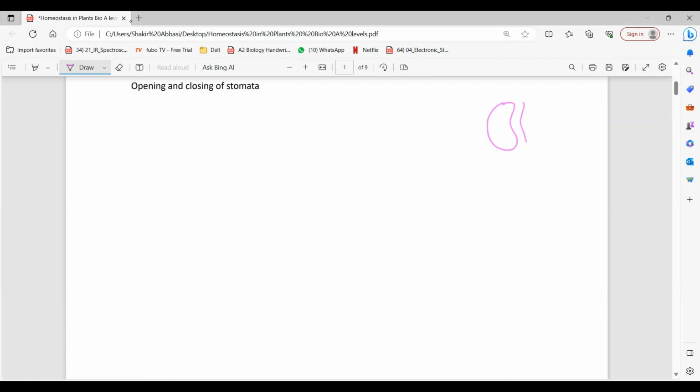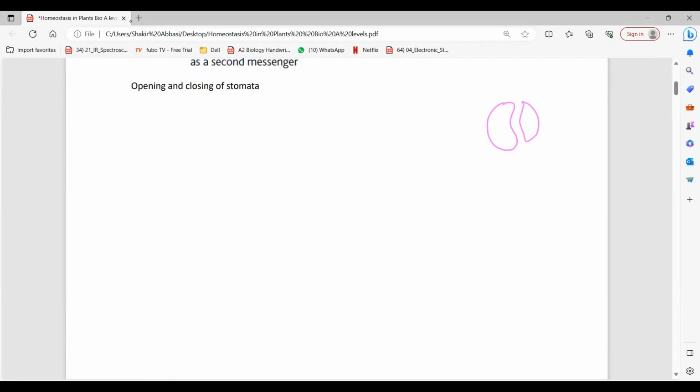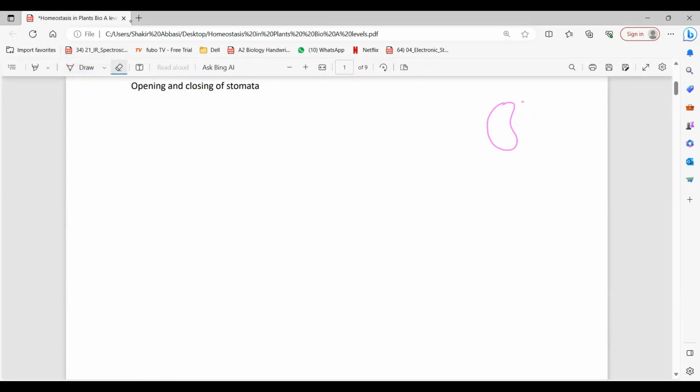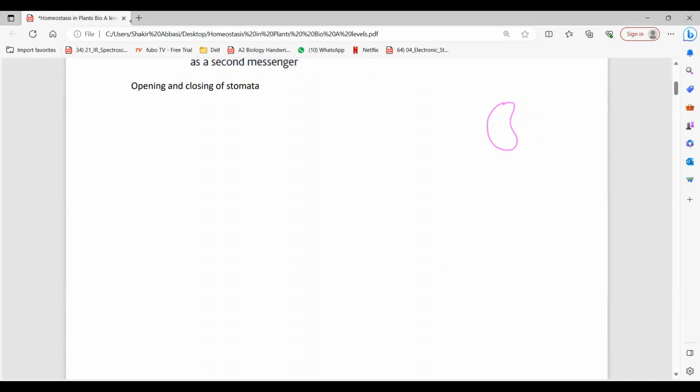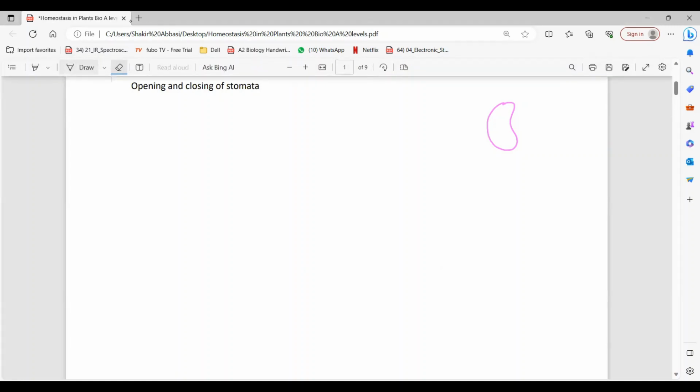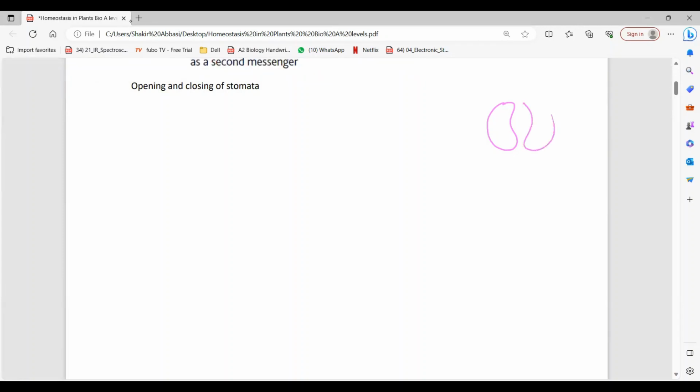Stomata is a small pore around which there are guard cells. So I should draw them differently. Guard cells are the ones which surround the stomata. So imagine these are two guard cells, and then outside they obviously have a cell wall.